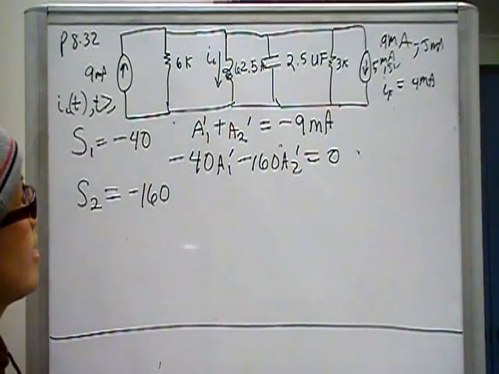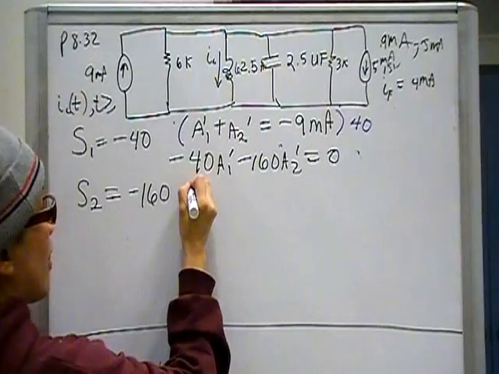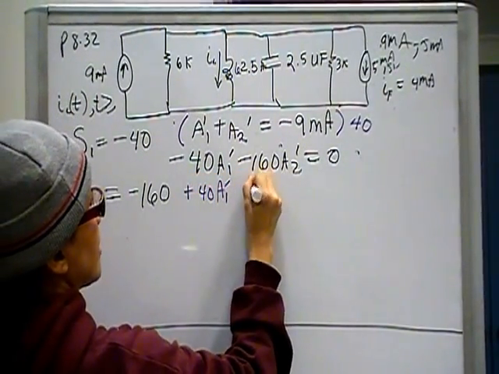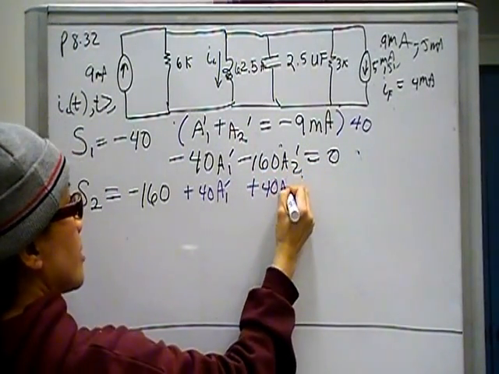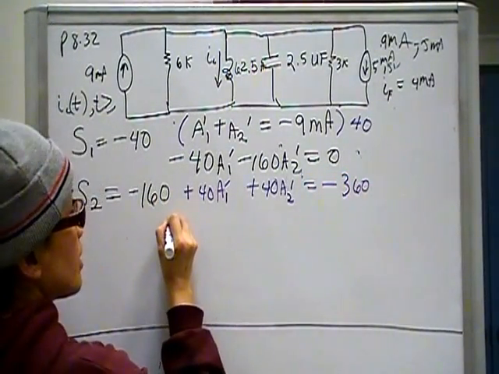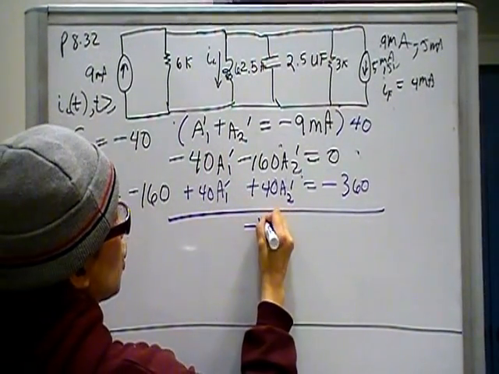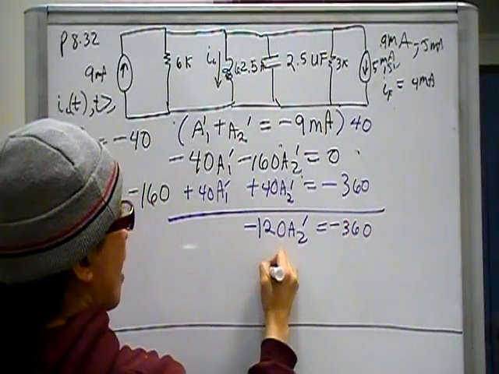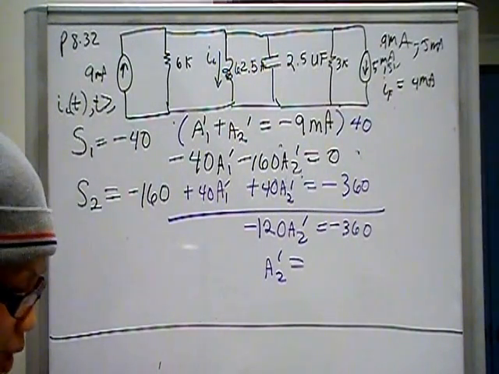If I multiply this through by positive 40, then that's going to give me plus 40 A1 prime plus 40 A2 prime is equal to negative 360 milliamps. Now I can add these equations together, and that will give me negative 120 A2 prime is equal to negative 360, and therefore A2 prime is equal to, that looks an awful lot like 3.